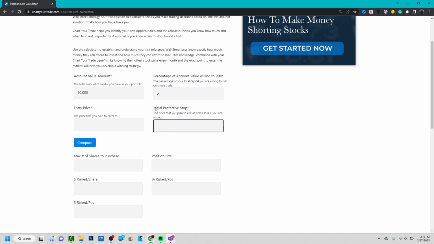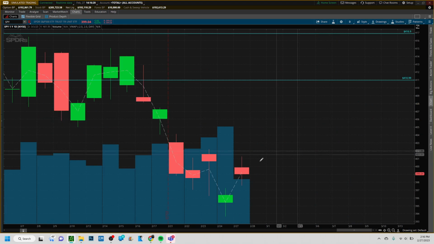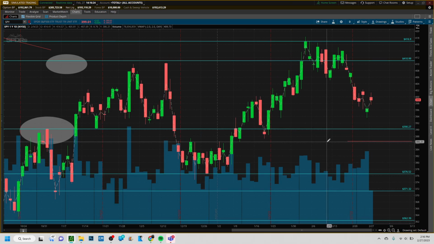Next is going to be our initial protective stop, the price that you plan to exit at a loss if you are wrong. So we already determined that. Let's pull this back up. We determined that our exit, where we're getting out if we're wrong, is going to be, let's say, 386.50, just for even numbers.